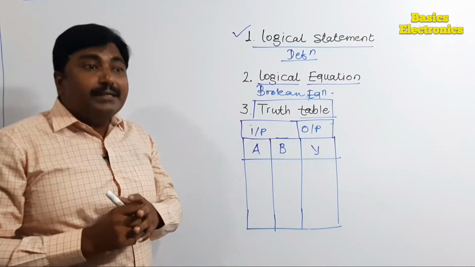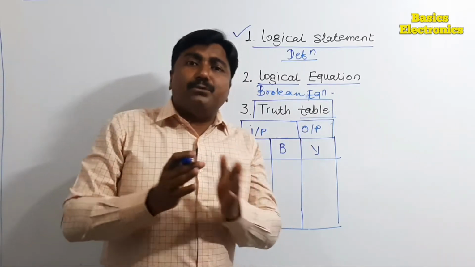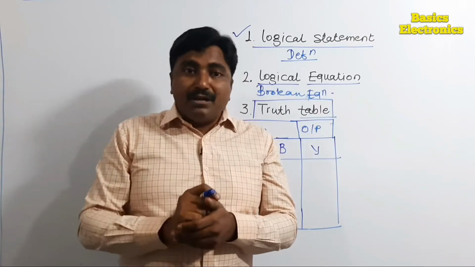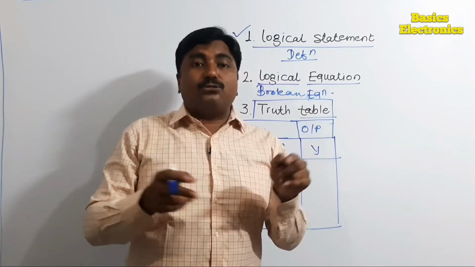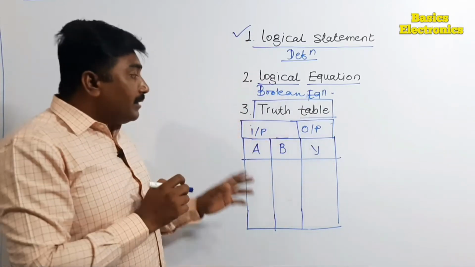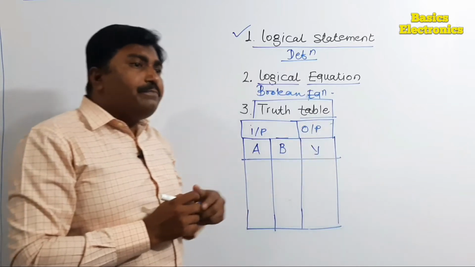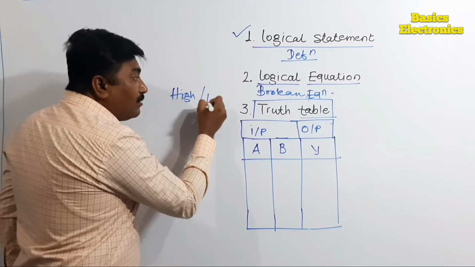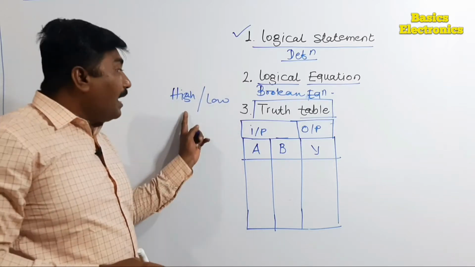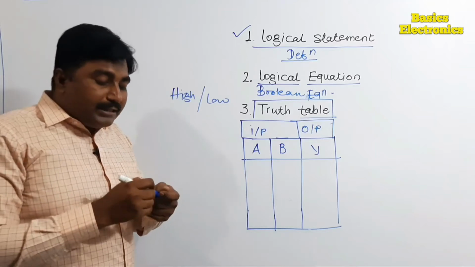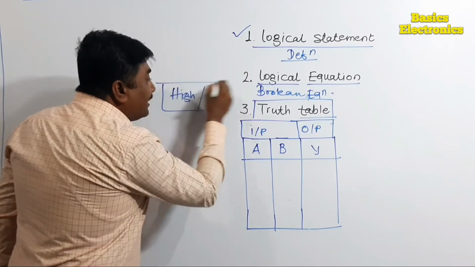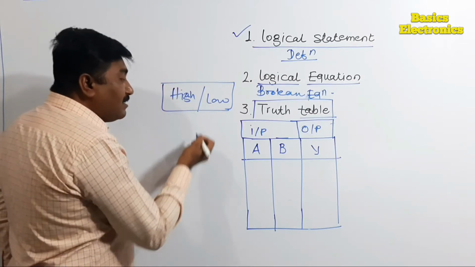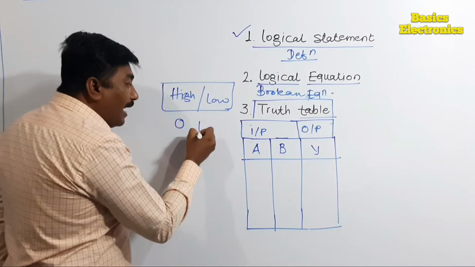Now we know that the input to the logic gate is either high or low, and the output of the logic gate is also high or low. When we write down the truth table, instead of writing high input or low input, high output or low output, generally these are represented by using binary digits, 0 and 1.